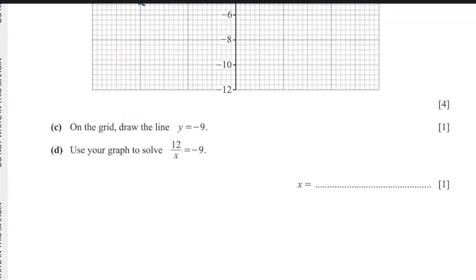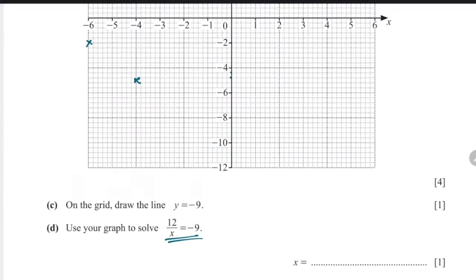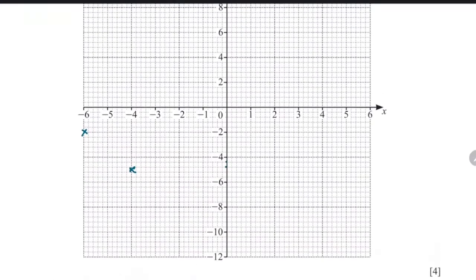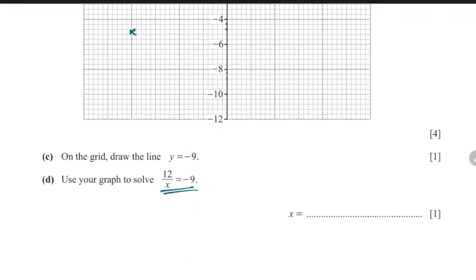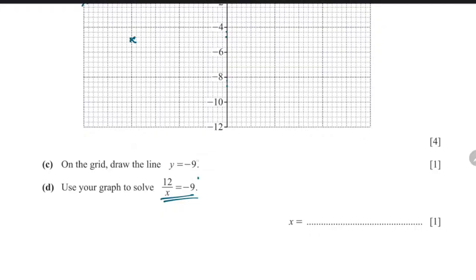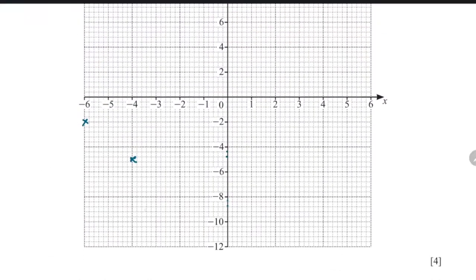They said use your graph to solve this. So basically, you go to y negative 9 on y, which is 1, 2, here. You draw a line. Do you understand? So here you go where y is negative 9. You put a line. Are we together?